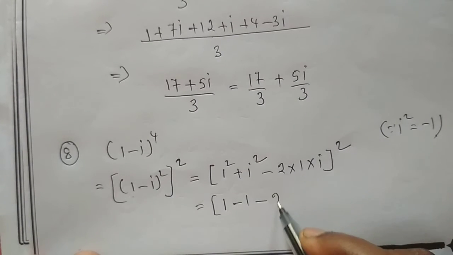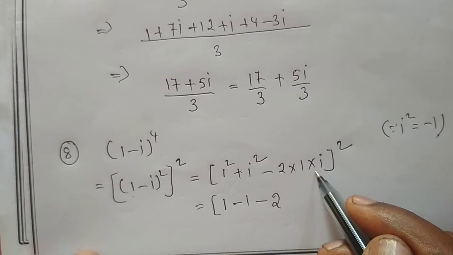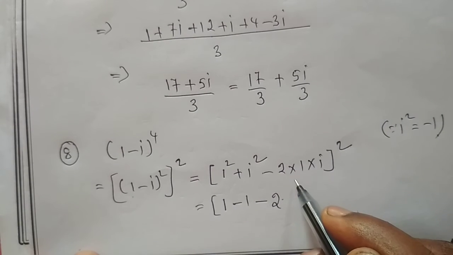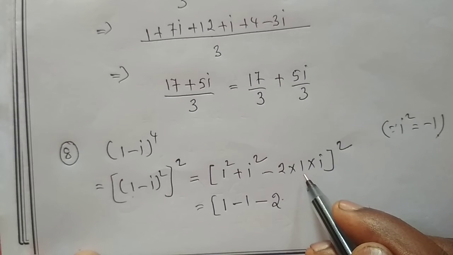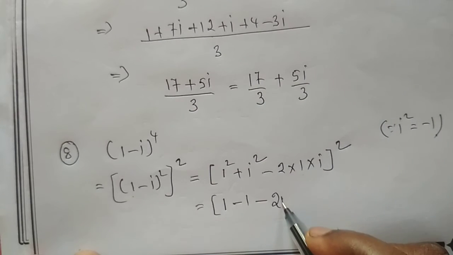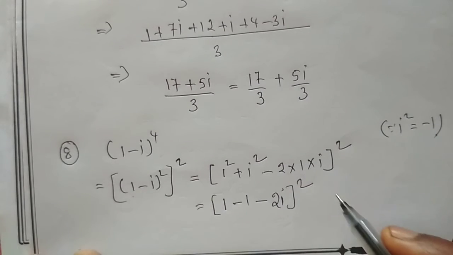Minus 2 into 1 is minus 2, minus 2 into i is minus 2i, whole square.